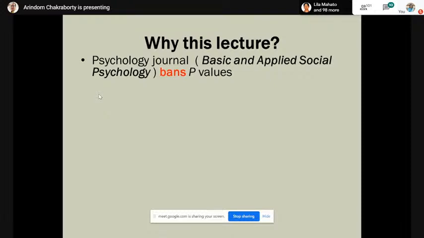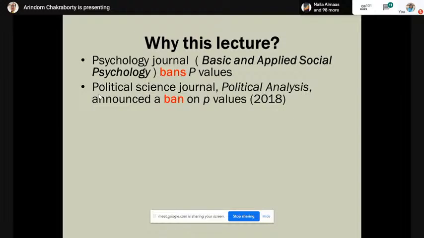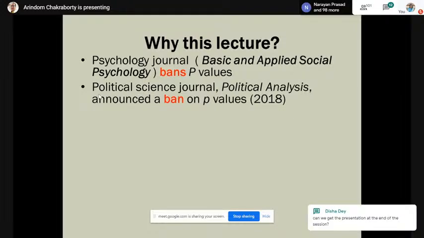This is some sort of attack on the p-value culture, because we always believe that p-value should be less than 0.05, and then we get what we call moksha. But it is very interesting that a psychology journal just banned such papers. It was followed by another journal, Political Analysis, in 2018.